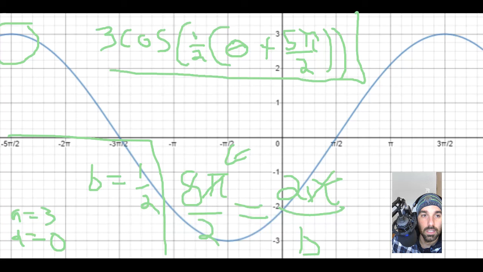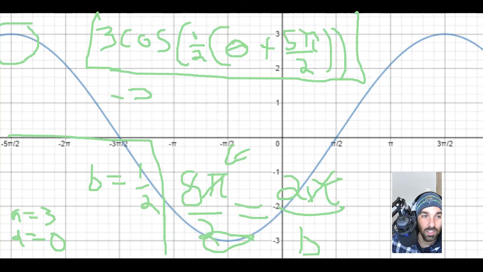So that's my immediate answer. Now there's lots of different answers. The answer that I had gotten when I wrote these lesson plans was I did a reflection. So I started down here and did a reflection. I used cosine, but then I did -3. Does that make sense?